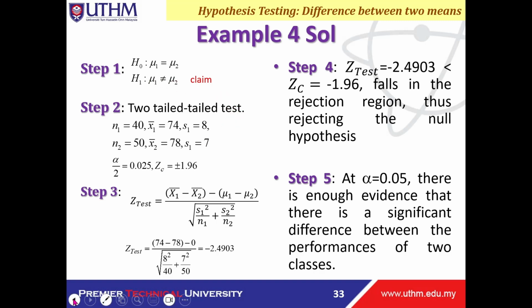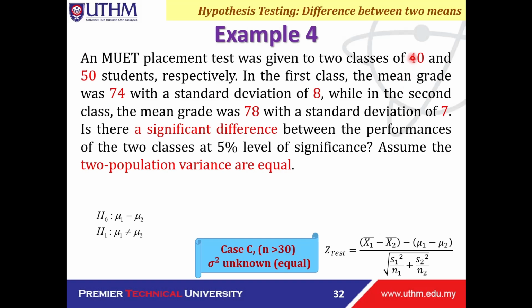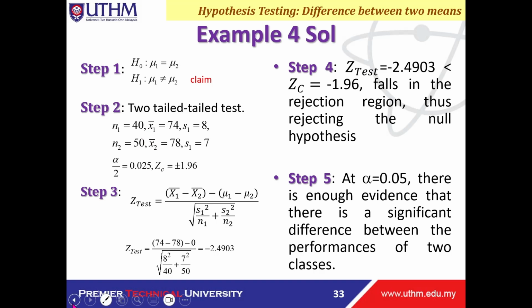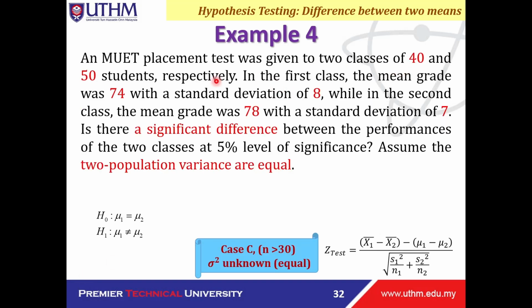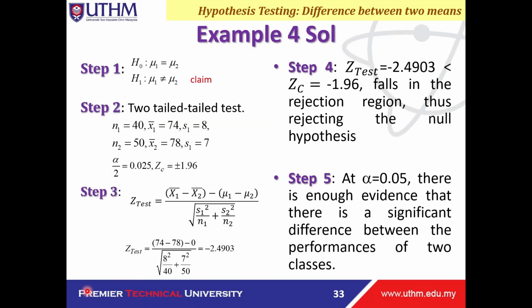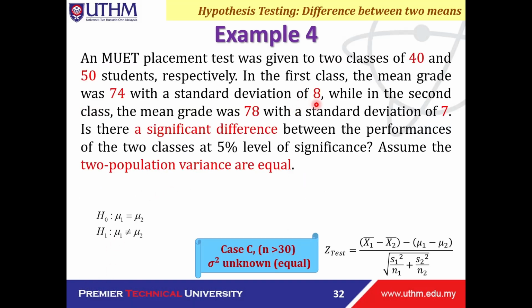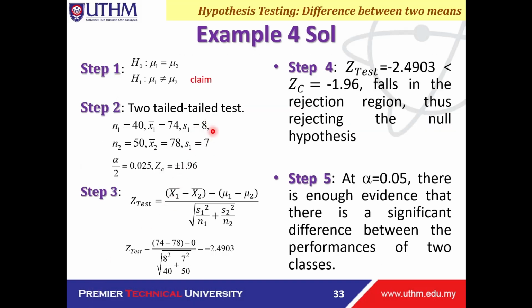Then put down all the information: n1 is 40 and n2 is 50. Sample mean 1 is 74 and sample mean 2 is 78. Standard deviation of sample 1 is 8 and of sample 2 is 7.